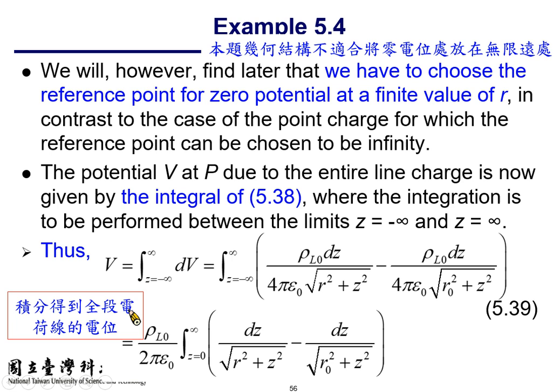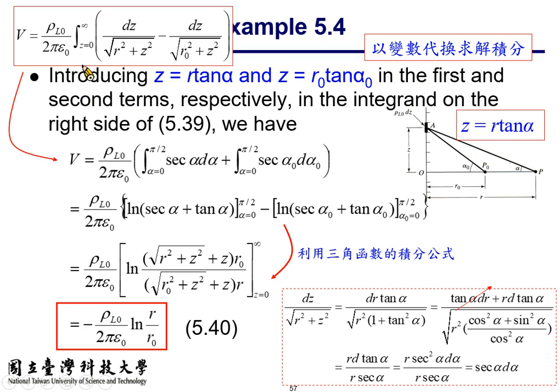You take some common things to the outside, and here we still have to do the integration, which looks a little bit scary. But don't be scared. I provide you all the mathematical tools you need in this slide.